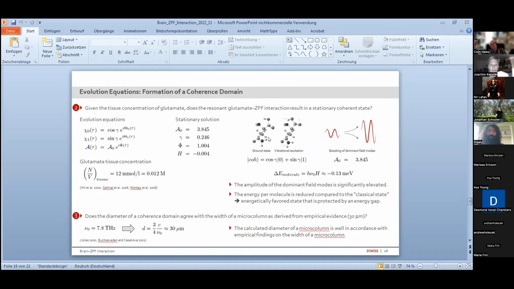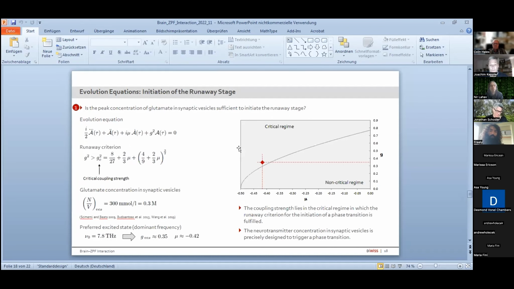I mean, GABA or the other neuromodulators, chemically, they have very similar properties, but their physical concentration in the brain is simply not high enough to make this possible here and to trigger this process.